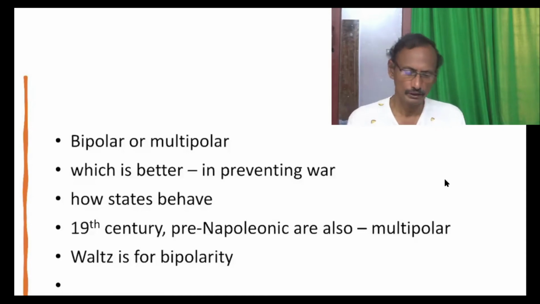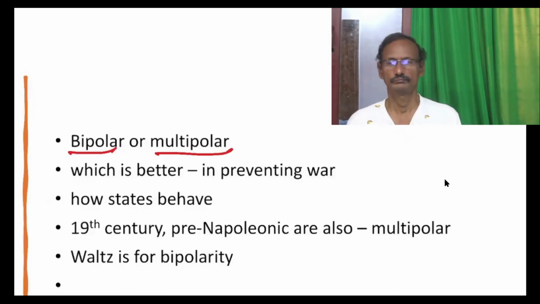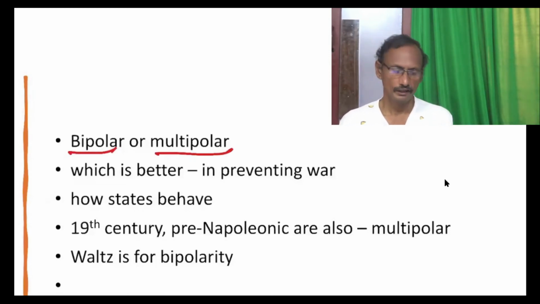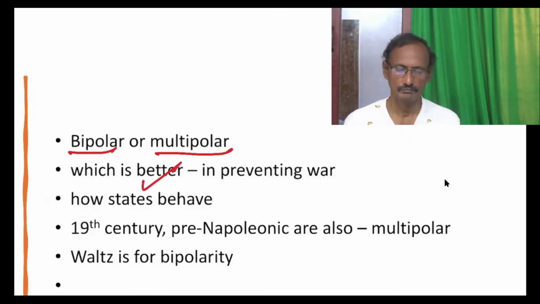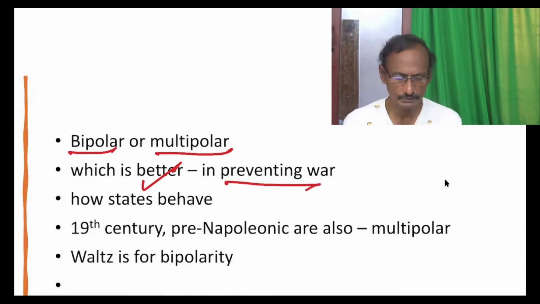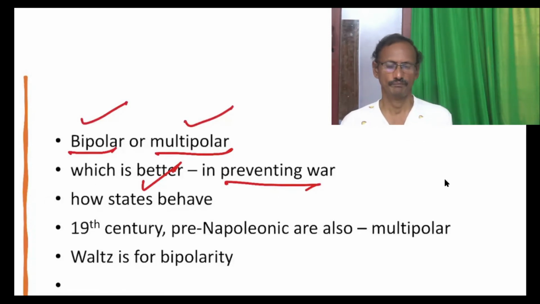The world can be bipolar or multipolar. And system theories debated regarding which is a better thing in preventing war, and how states behave in a bipolar world and a multipolar world.